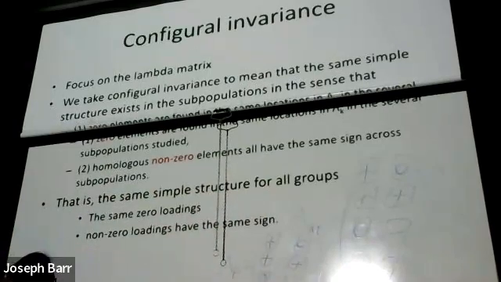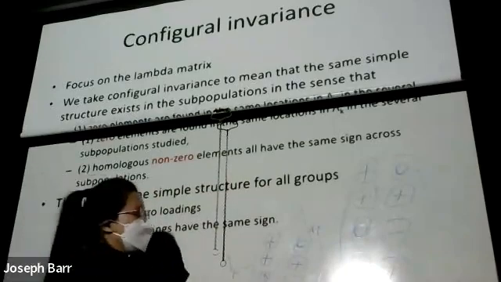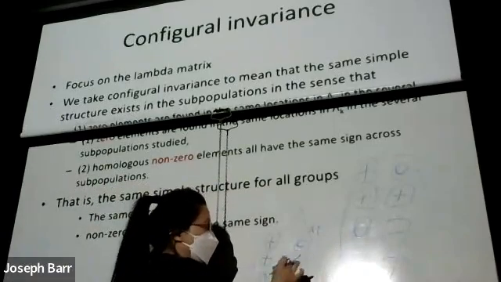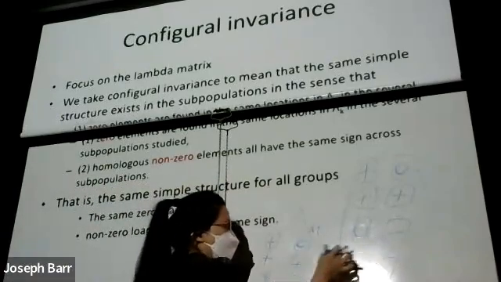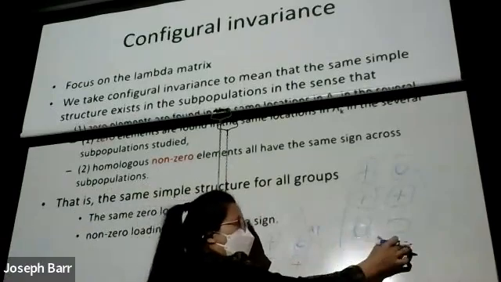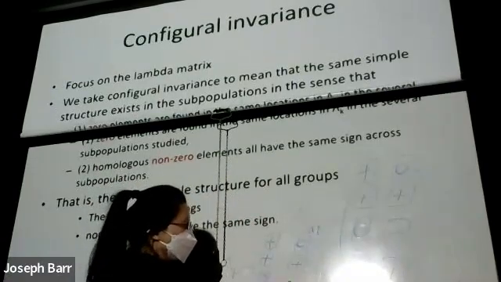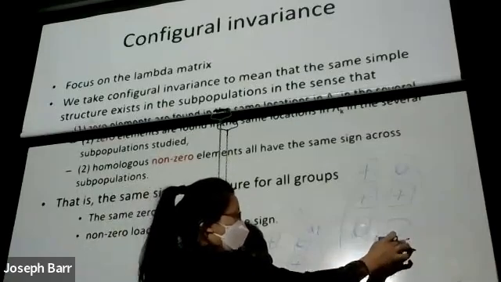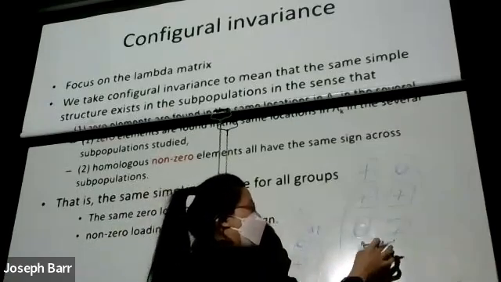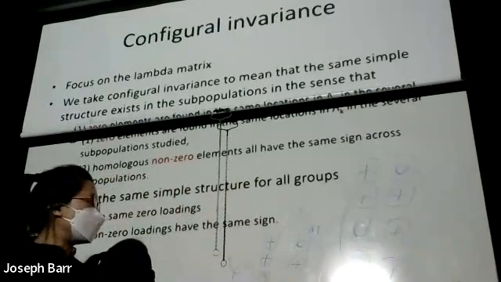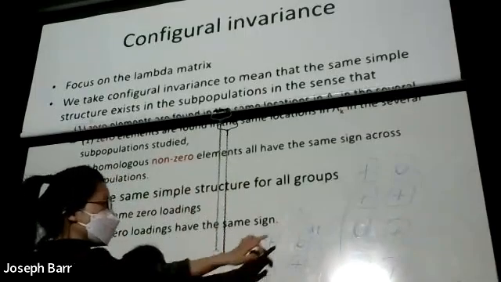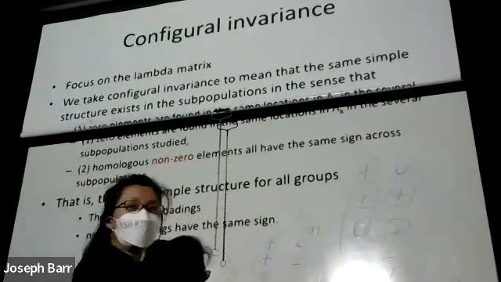This is the first step. Why? Because if you have different signs, for example, a negative number here, it should be negative. Suppose this is positive, then these are different lambda matrices. You cannot say that these two groups are the same.